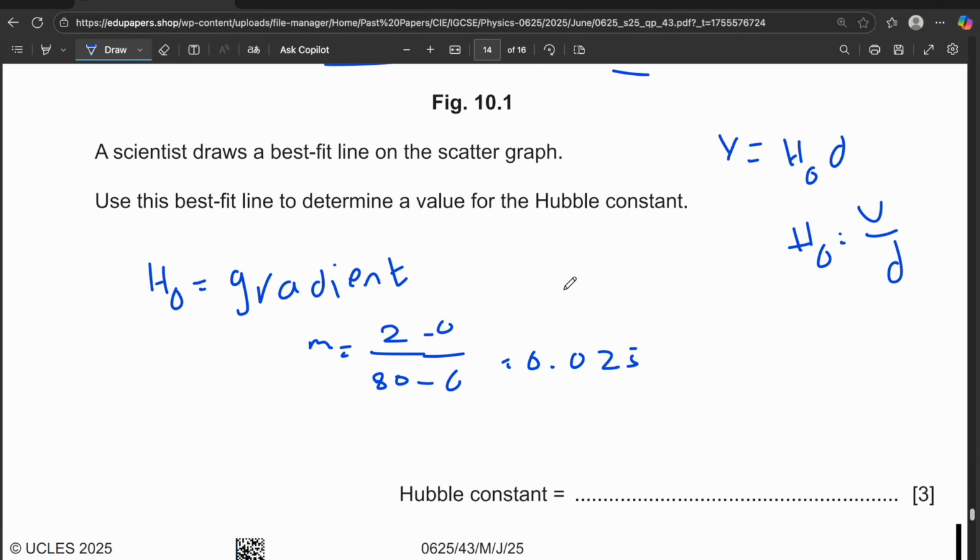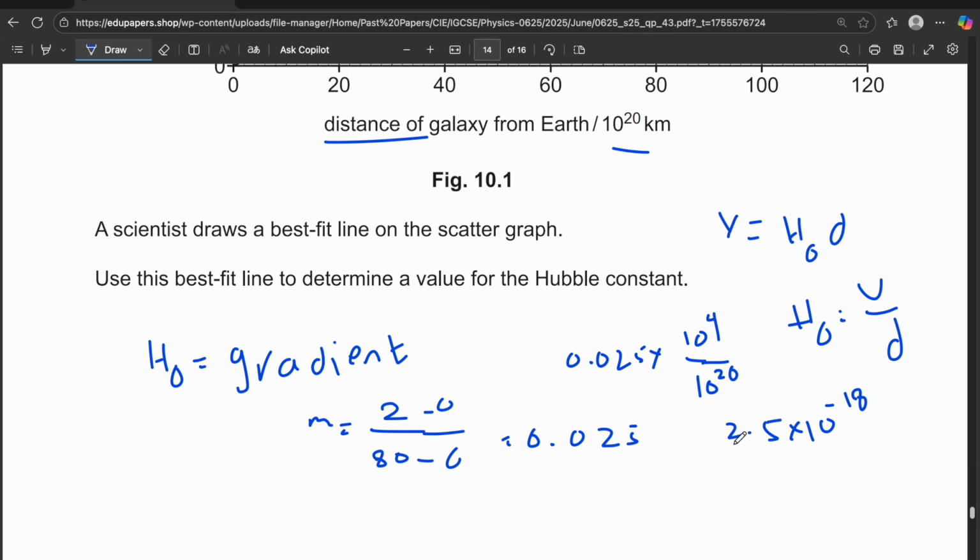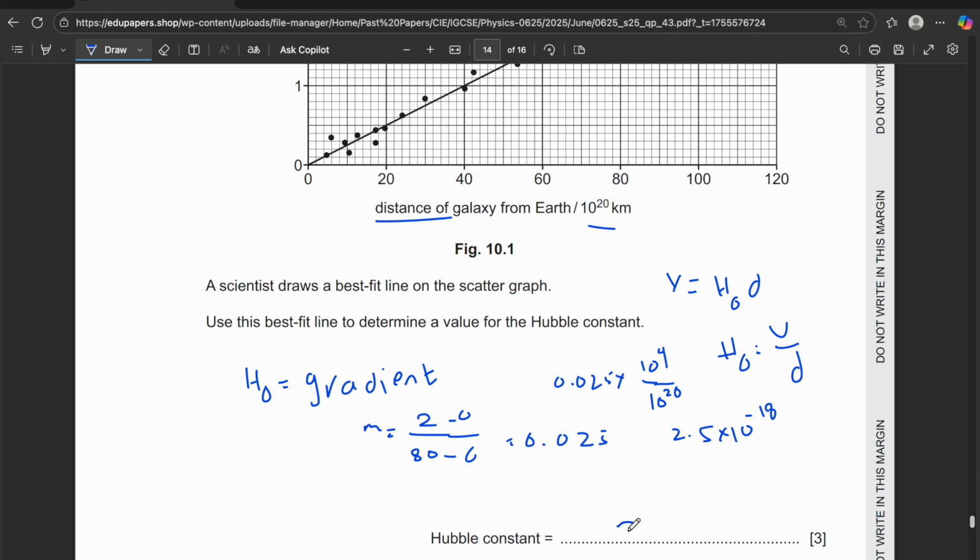That would be 0.025 into 10 power 4 divided by 10 power 20. So that would be 2.5 into 10 power minus 18. This is the Hubble constant, and don't forget the unit, which is per second. So we can just write it like this.